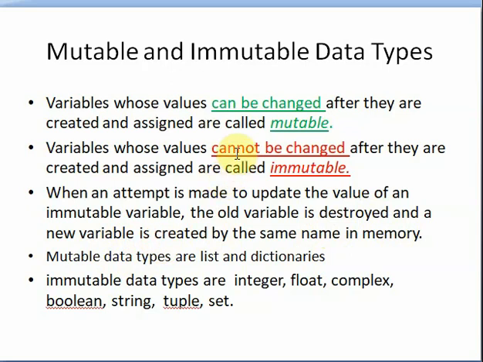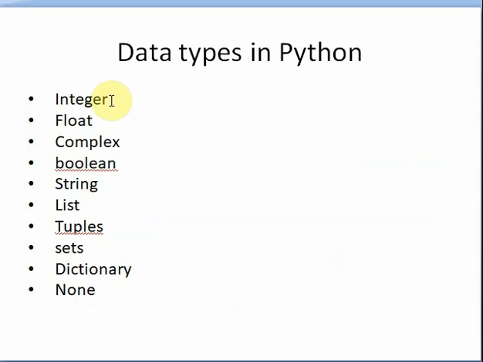So, those data types which can be changed are called mutable data types. The data types which cannot be changed are called as immutable data types. So, we have seen all these data types: integer, float, complex, boolean, string, list, tuples, sets, dictionary.